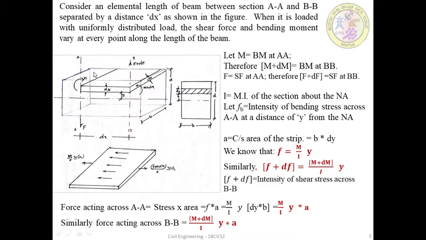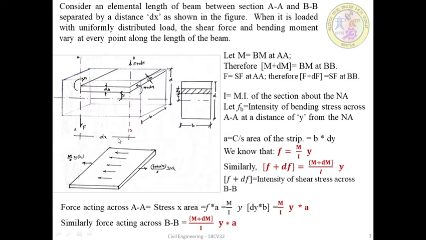Let M be the bending moment at the left section A. Therefore, M plus dM is the bending moment at section B, since the length is varying.